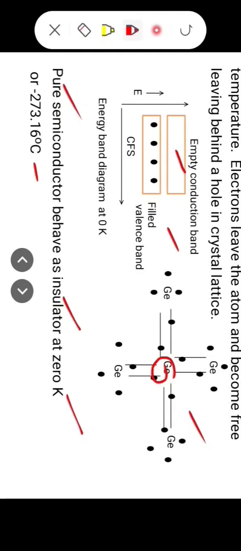It shares 4 electrons mutually with other germanium atoms and becomes stable. So this is how semiconductors behave as insulators at 0 Kelvin, because there are no free electrons in the lattice which can carry the current.